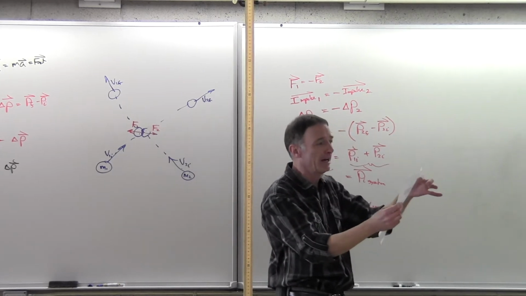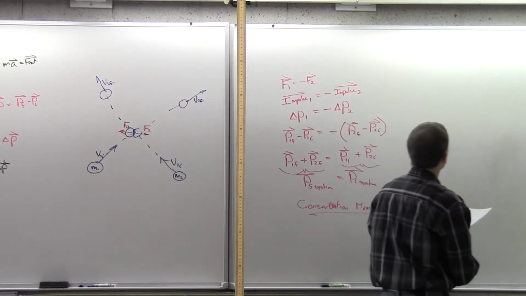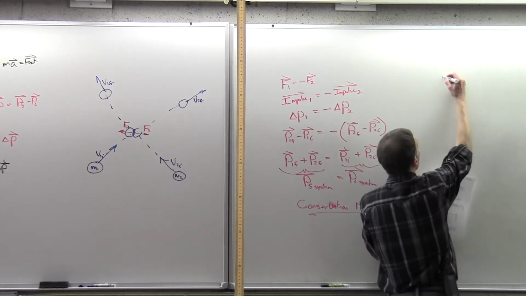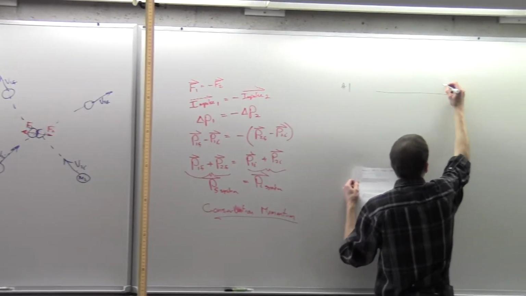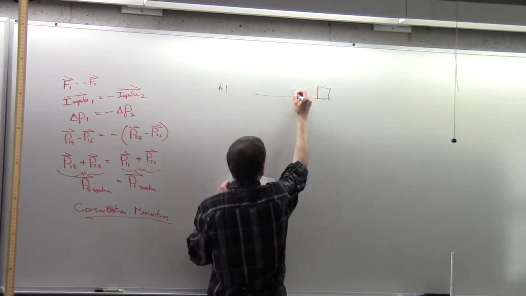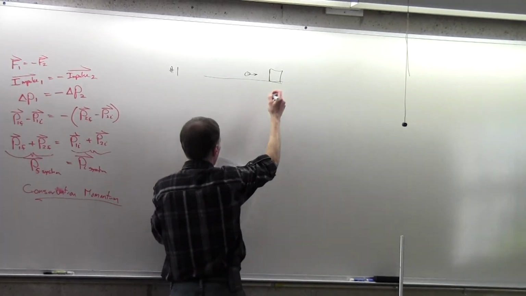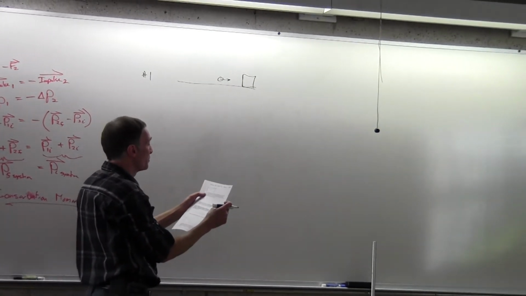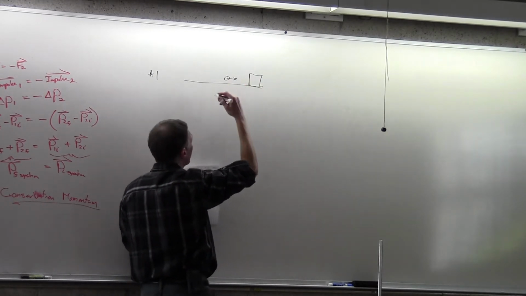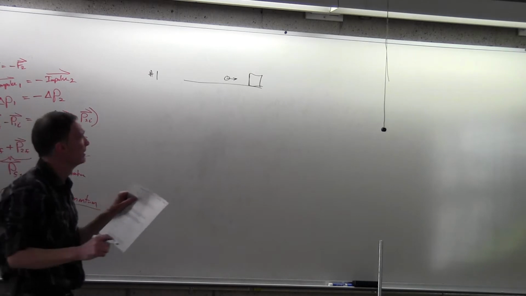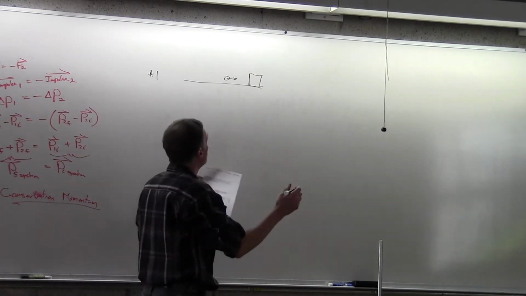Let's take a look at problem number 1. That seems appropriate. So this is number 1. We've got just a block sitting on the table. We've got a bullet that's streaming along with high velocity, 400 meters per second, a 12-gram bullet. I want to kind of keep the focus on the big picture. You've got my notes on the details.